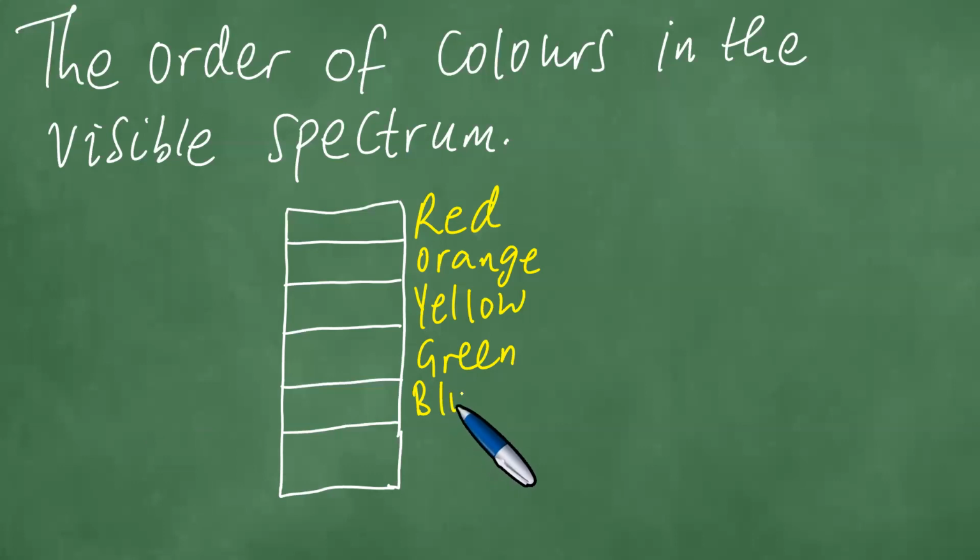So this one is blue. After blue is what, Leander? After blue is indigo. That's fine. I know you're still learning this. After blue is indigo. After indigo is violet.